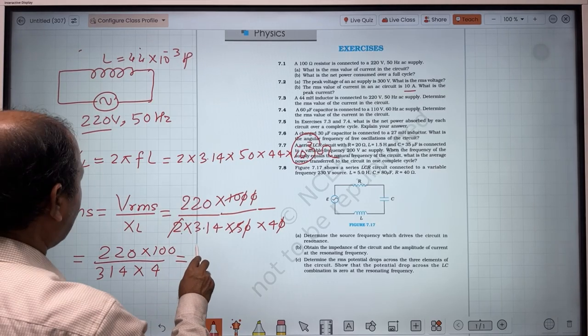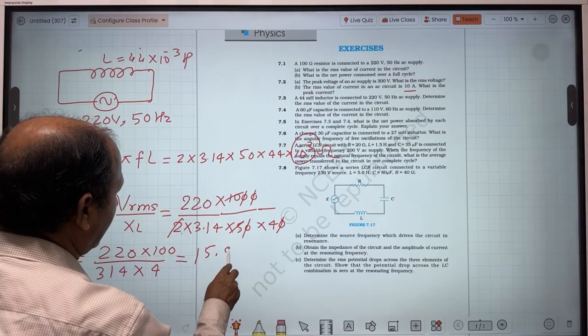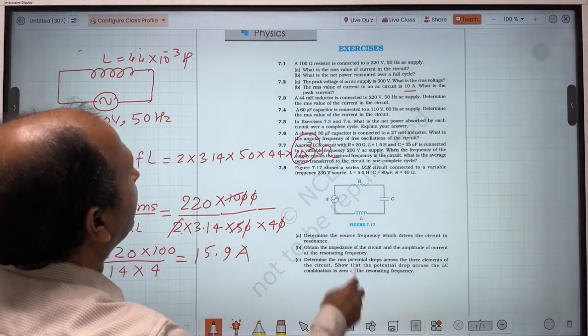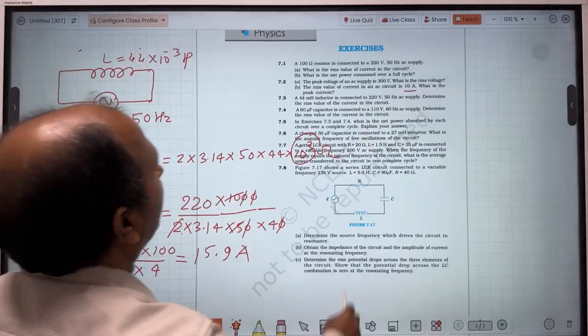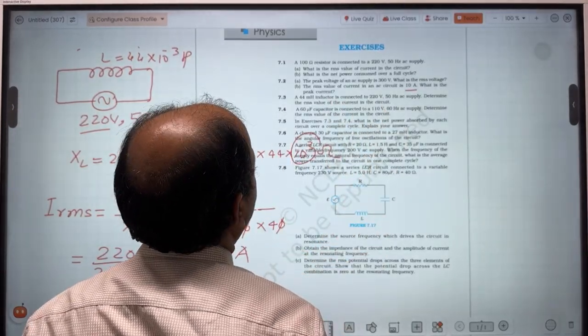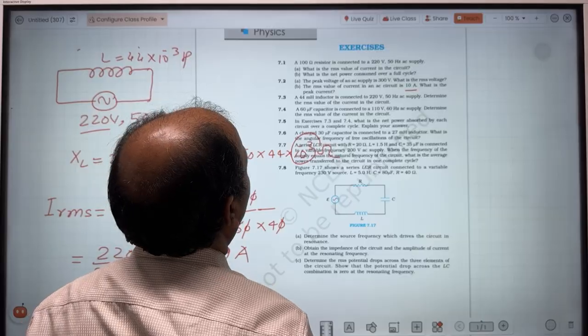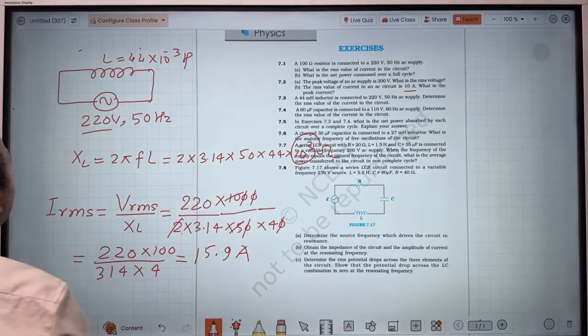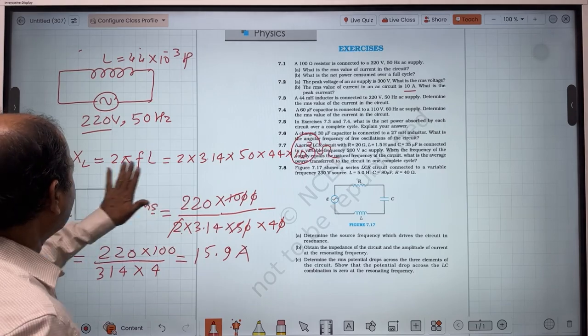So it will be around 15.9 ampere. Correct? So our question was, a 44 millihenry inductor is connected to 220 volt 50 hertz AC supply. Determine the RMS value of the current in the circuit. Right? So let's go to the next point.